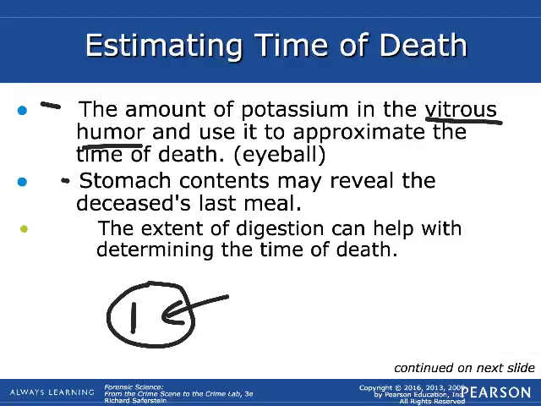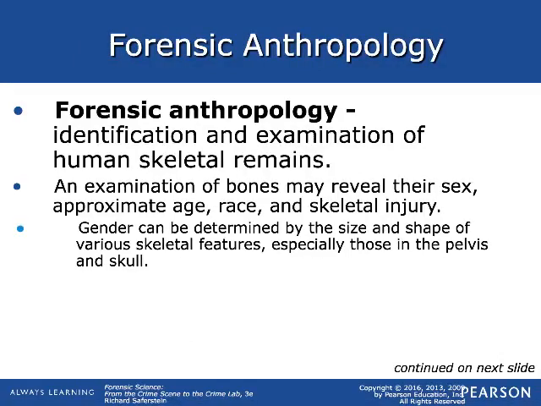Okay, another thing they can look at is stomach contents. So stomach contents can reveal what was in there and how much has actually been digested. Okay, now decomposition isn't in there, but decomposition is a part of the book. So decomposition is when the body starts to break down.